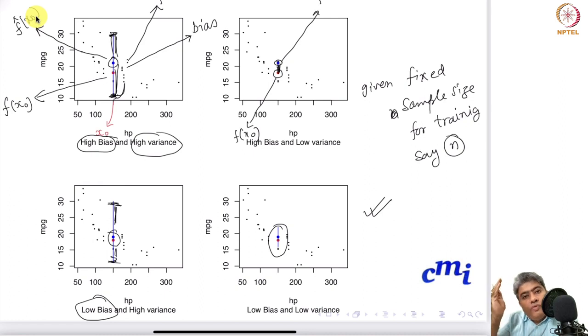If you try to reduce variance too much, your bias will shoot up. This is typically the case.